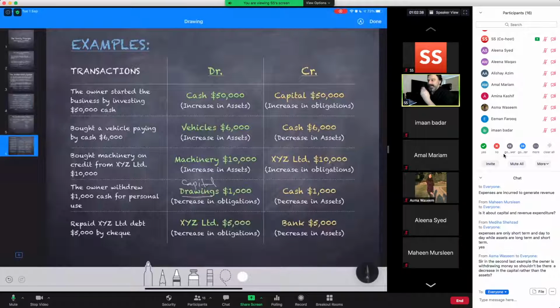Even though there is a better expression than capital over here, because we know capital is an overall description. The more specific description over here is drawings. And that is why the student who uses the term drawings is going to produce a more desirable answer. Capital is also a correct answer, but not as desirable as drawings.